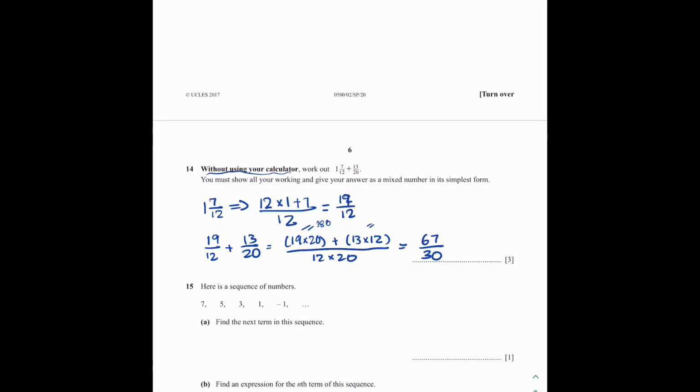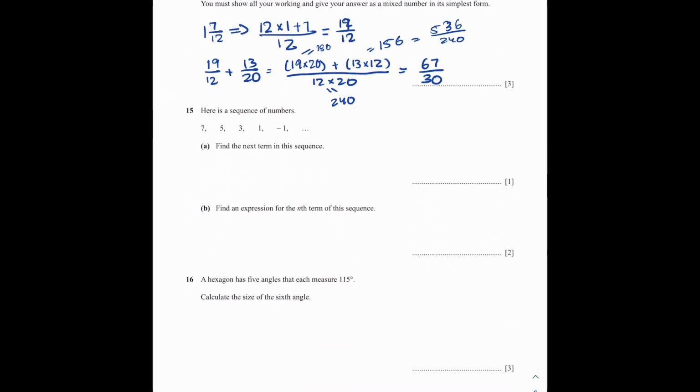And 13 times 12 is just 156. And 12 times 20 is 240. So 380 plus 156 gives 536 divided by 240, and reducing that gives 67 over 30. Okay, cool.